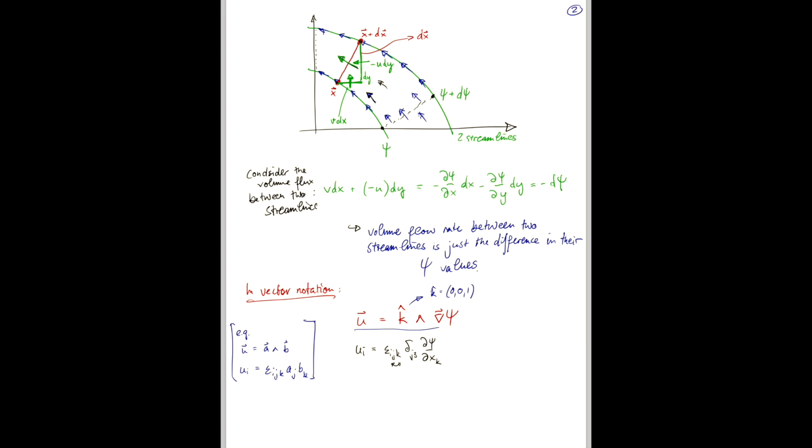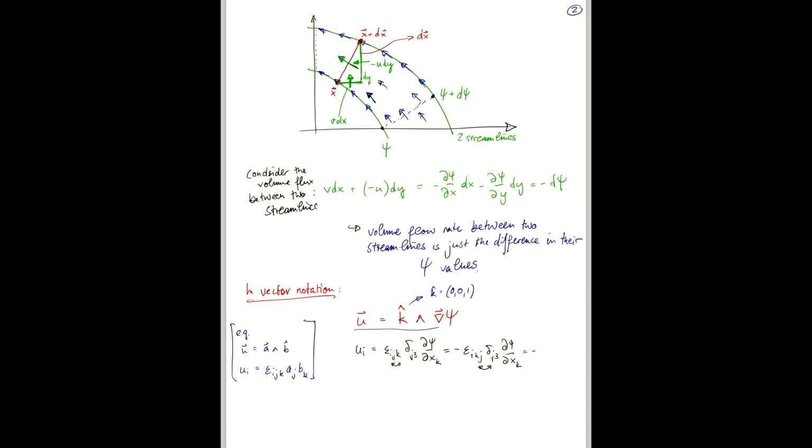So in order to do the contraction between jk and delta j3, we have to permute the indices here. So that means if you permute j and k, you pick up a minus sign. So it's minus epsilon ikj delta j3 d psi dxk. And now you can contract that, and that just means that the j here turns into a 3.